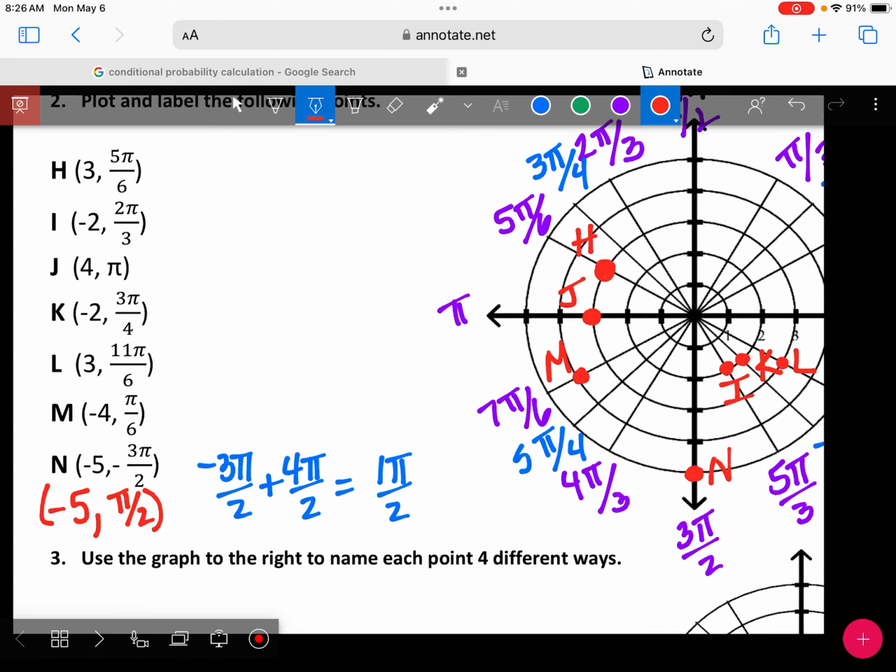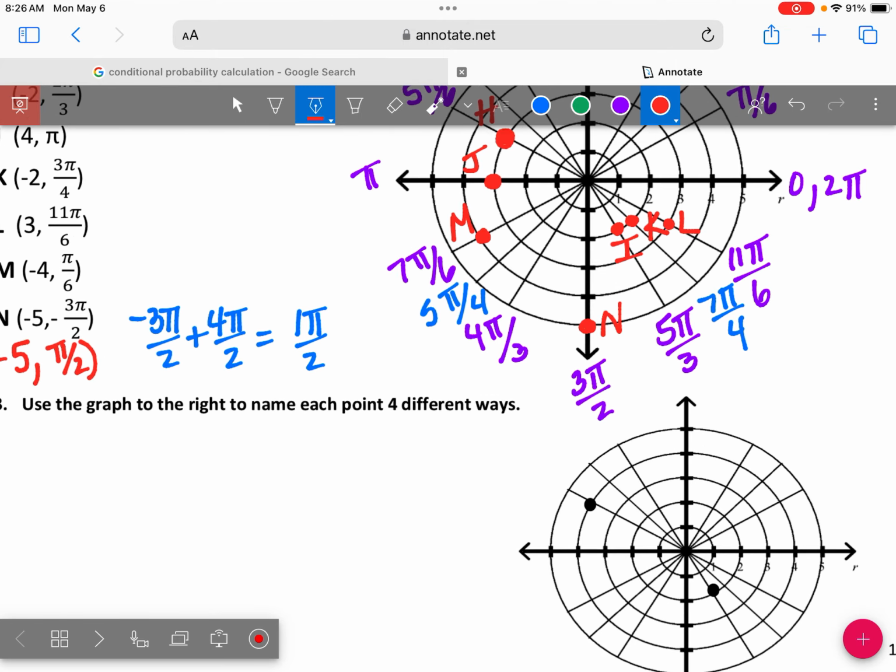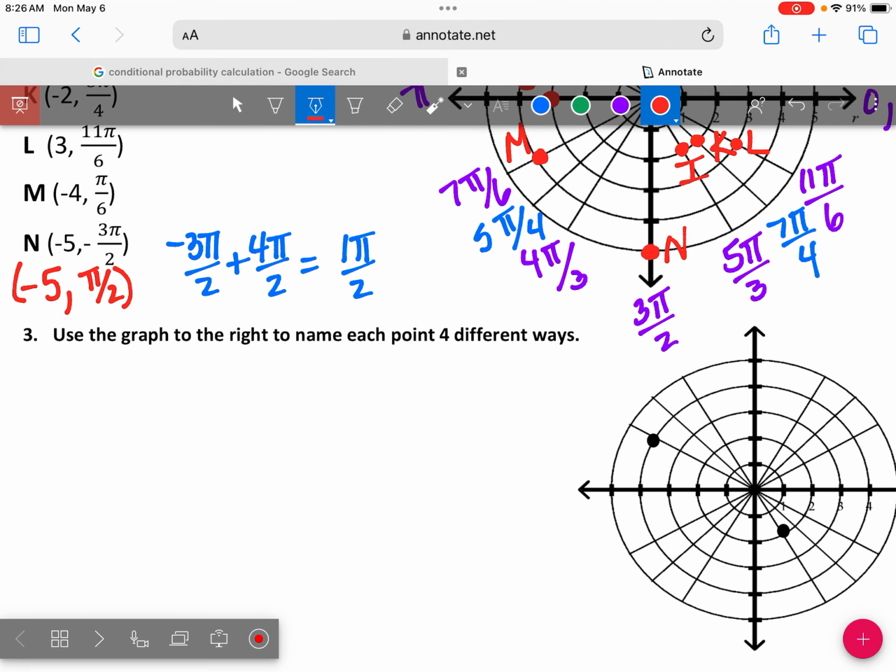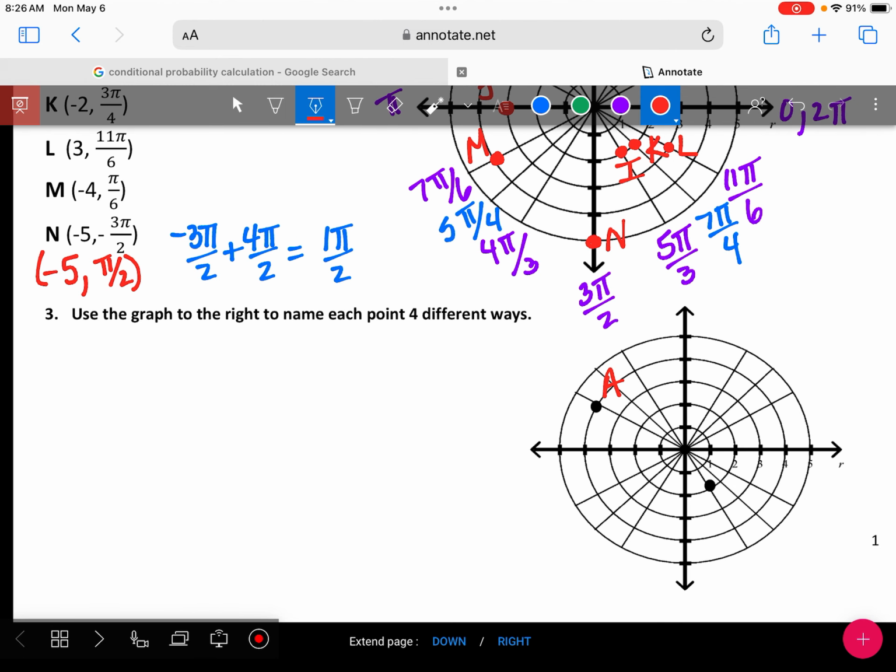All right, so I'm going to give you a moment to practice, and we're going to go through it together. Let's call this point point A. I want you to name this point 4 different ways. Now, I want to be clear that there are more than 4 ways to name this point. So first start off, and you can do it in degrees or radians, whichever you prefer.